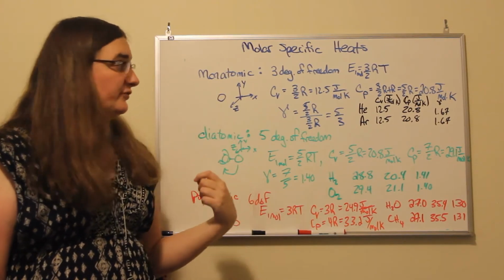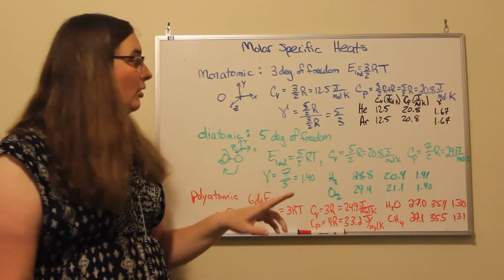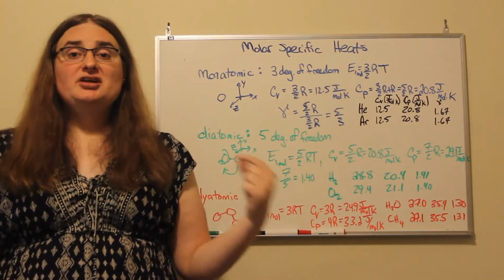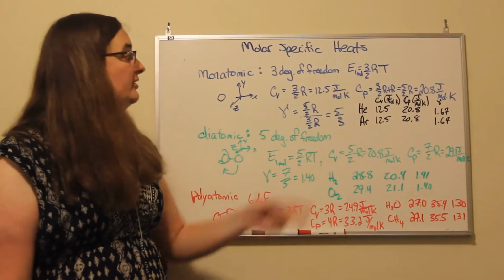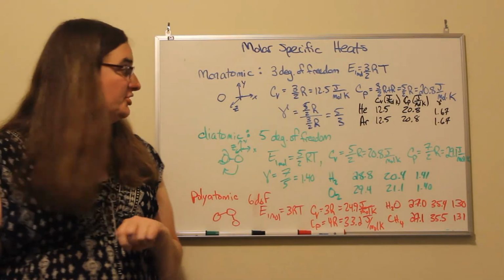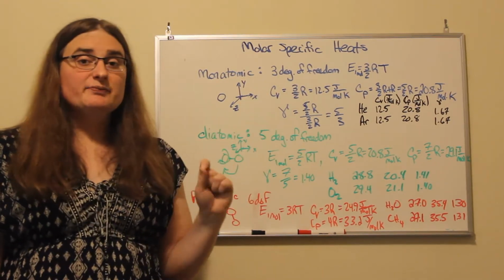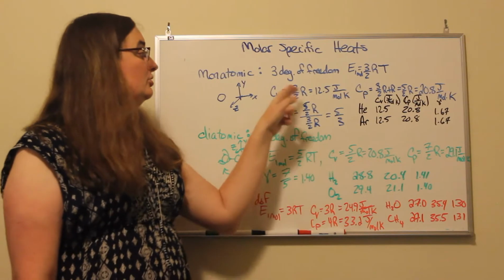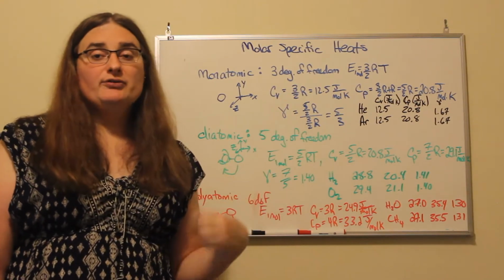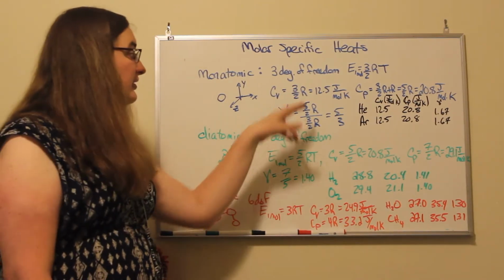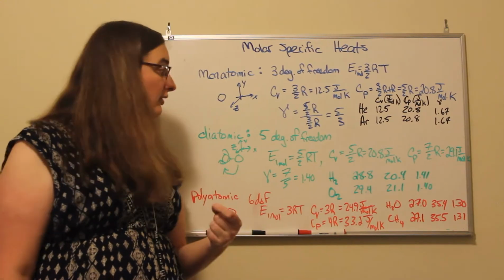So with 3 degrees of freedom, our energy per mole should be 3/2 times the gas constant R times our thermodynamic temperature. So that would mean C sub V should be 3/2 R. 3/2 times 8.31 joules per mole Kelvin is 12.5 joules per mole Kelvin.